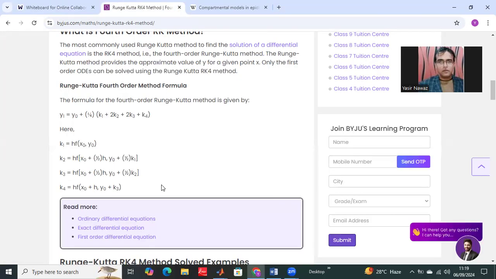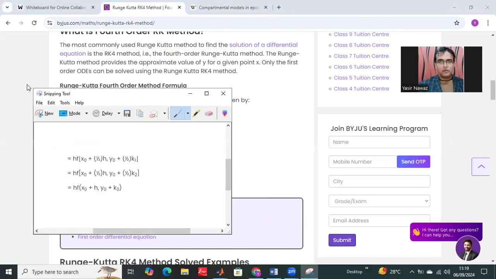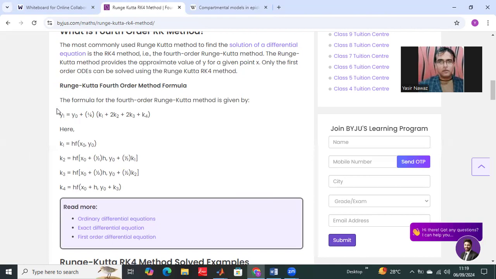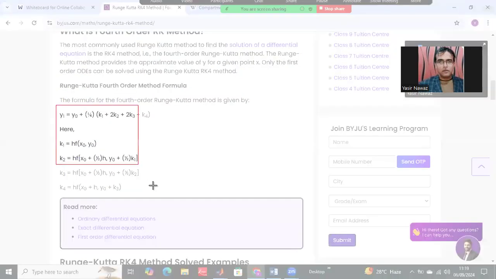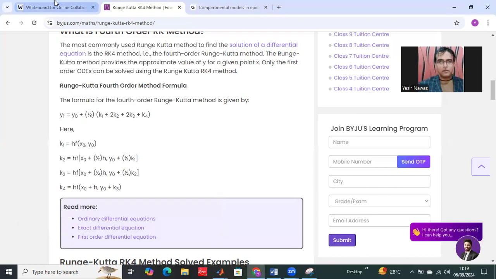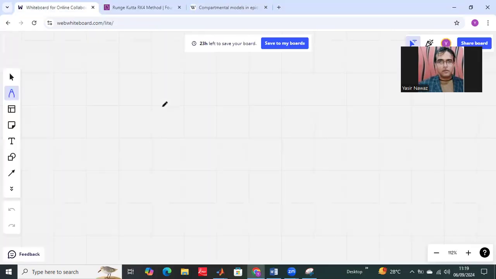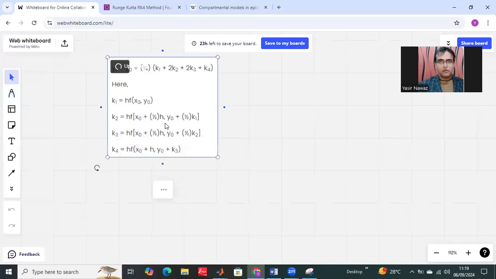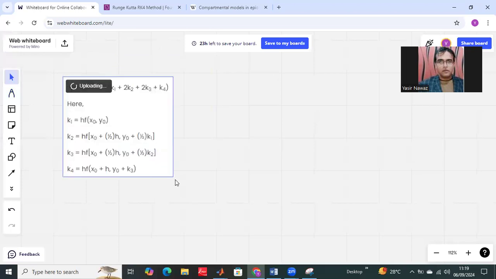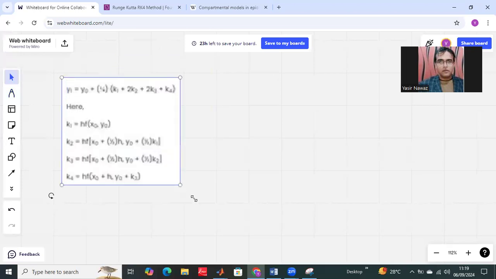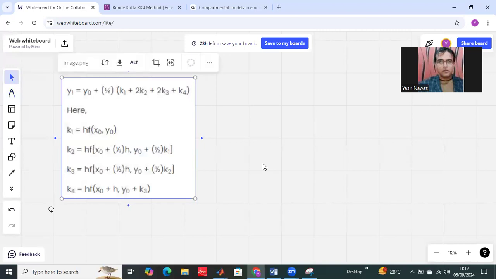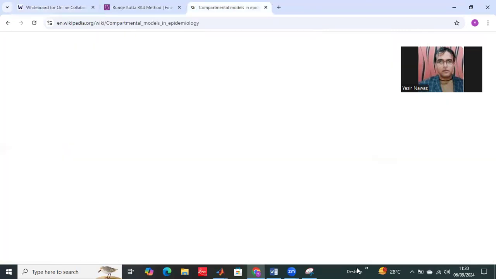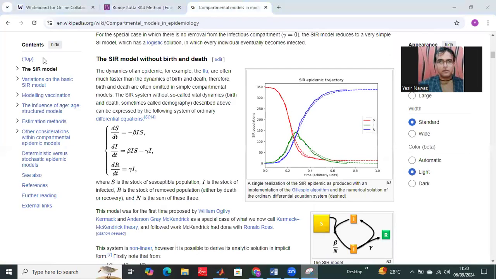So I bring this formula for the fourth order Runge-Kutta method, and I also bring this SIR model.